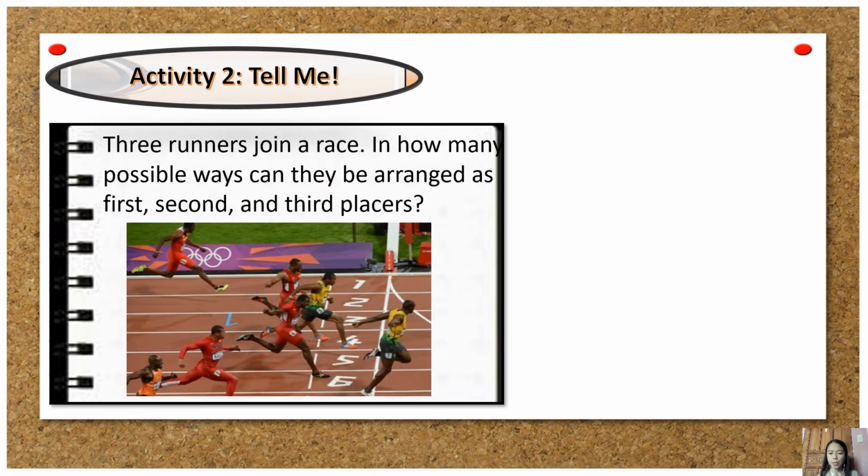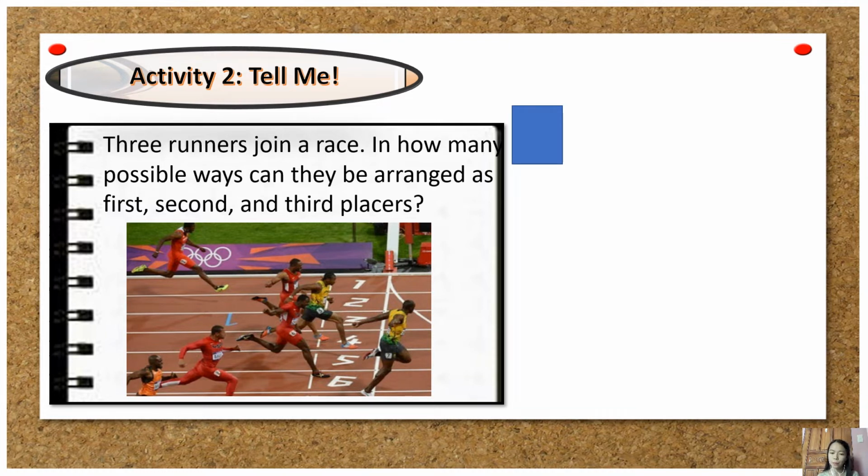Three runners join a race. In how many possible ways can they be arranged as the first, second, and third placer? Tatlo ang runners. Tatlo ang ranking or winners. All of them can be the first winner or can be the first placer.